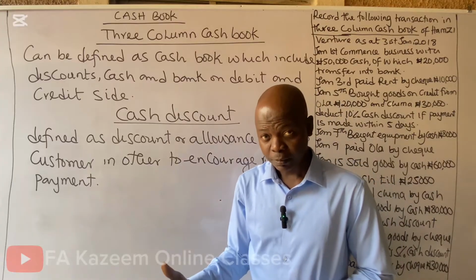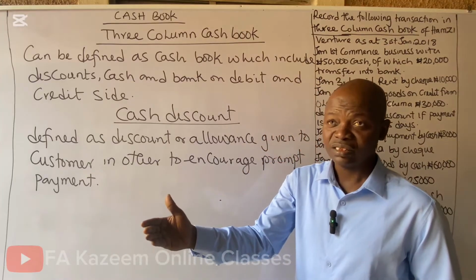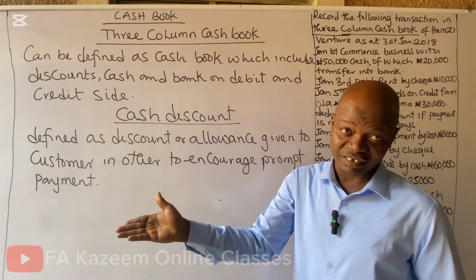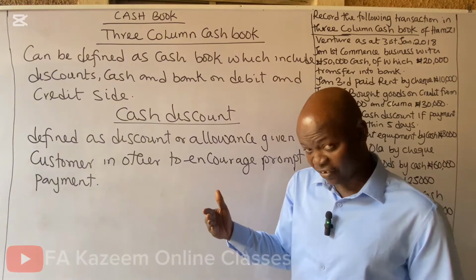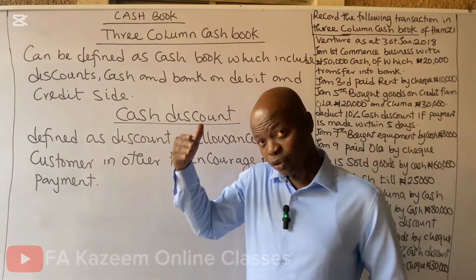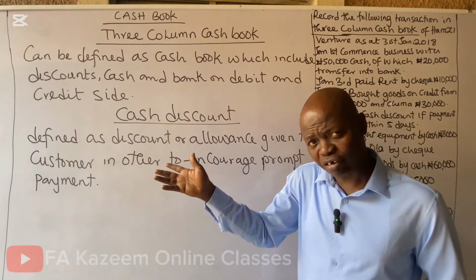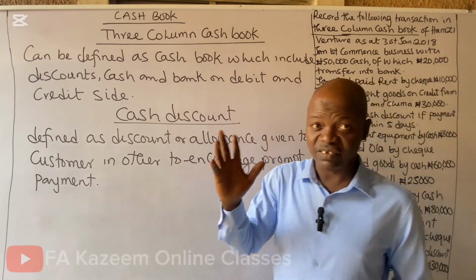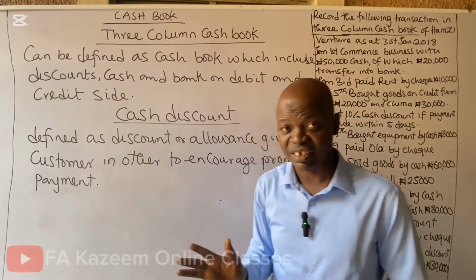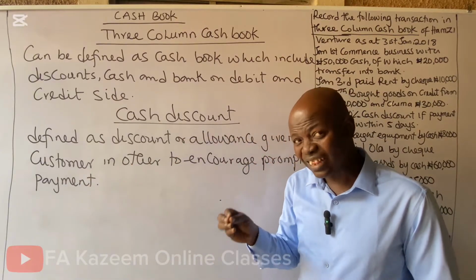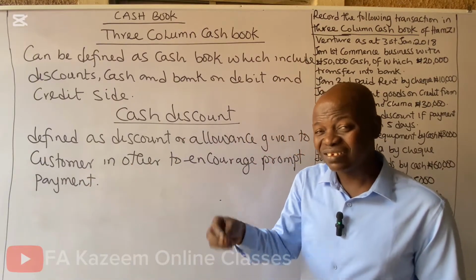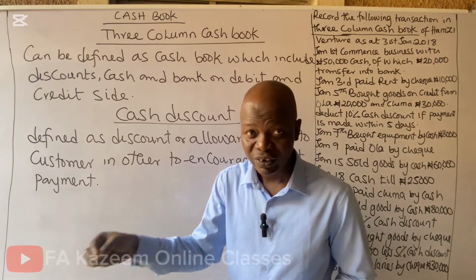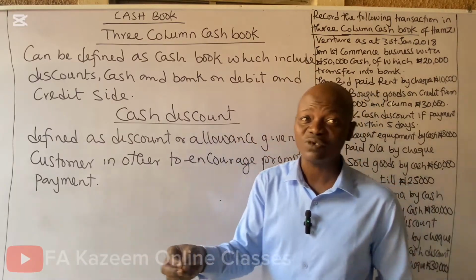For example, if I sold goods of 100,000 to you on credit, and you promise to pay in 1 month, 2 months, and you don't have good creditworthiness, I can decide to say, well, if you can pay within 7 days, I'm giving you 10% discount. Due to that 10% discount, you will decide to pay within a short period of time because you know you are enjoying 10,000 naira discount.